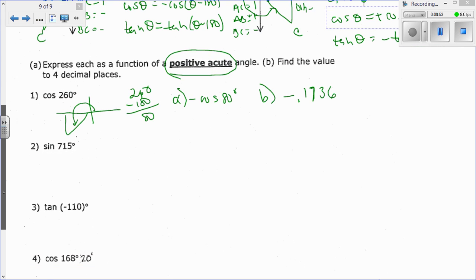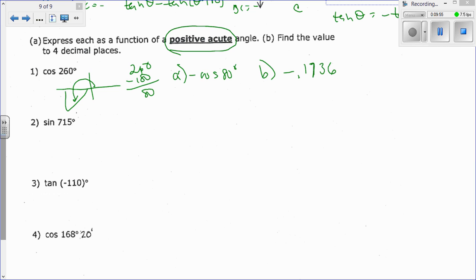The sine of 715 degrees, we need to find our reference angle. Well, if I go around once, that's 360 degrees. So 715 minus 360 is going to be 355. That's not quite all the way around again, but there's my reference triangle.